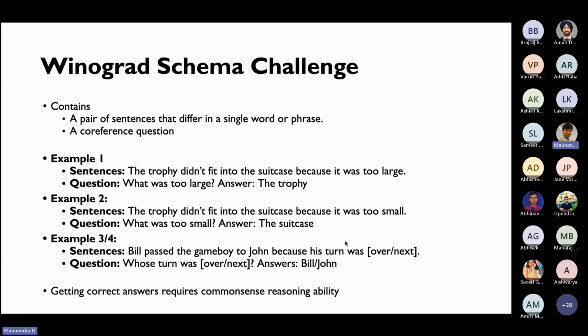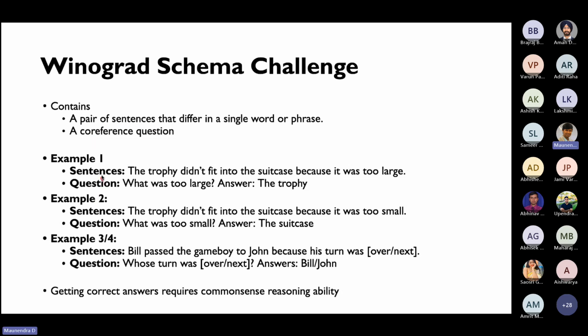That is one dataset, one task, and this is another common and widely used benchmark. The schema challenge dataset contains multiple instances, and each instance offers two things. Firstly, a pair of sentences that differ in only a single word or phrase. The sentences are very similar. And secondly, a co-reference question.